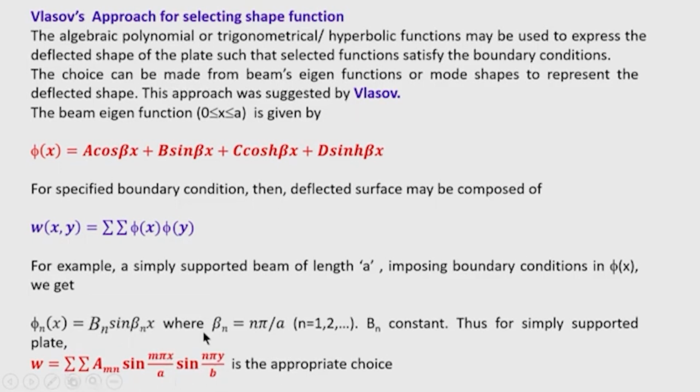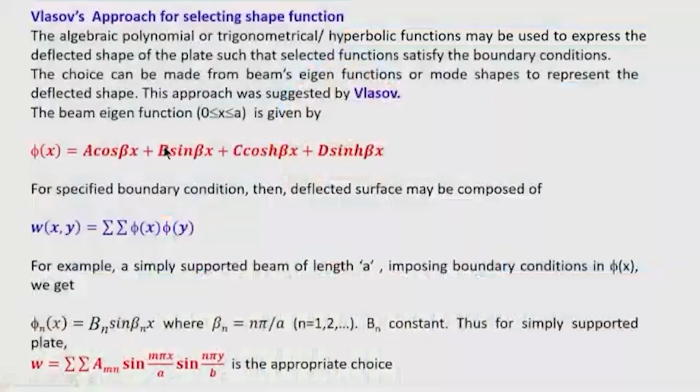This form of deflection is familiar to you, because you have now covered the analysis of plates simply supported along all edges by Navier's method, and this double trigonometrical series is used in Navier's method for the solution of plate problems. So, the Vlasov approach for selecting the deflected function or deflected shape with a beam eigen function is also a very popular choice among analysts.